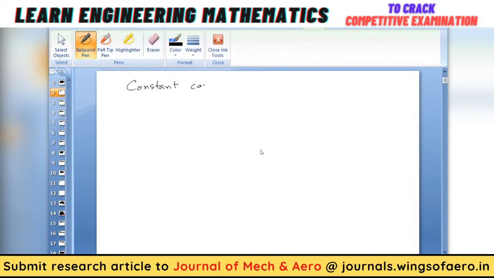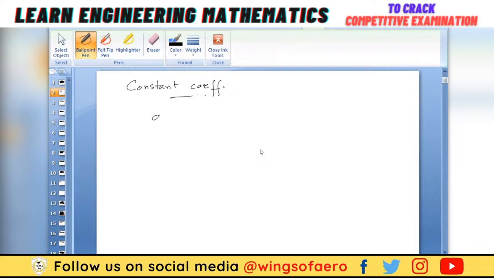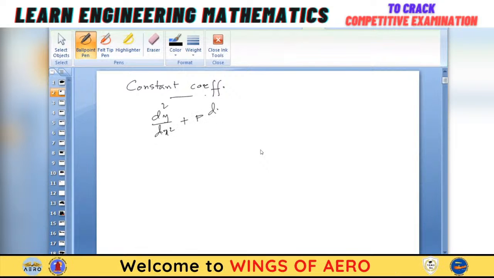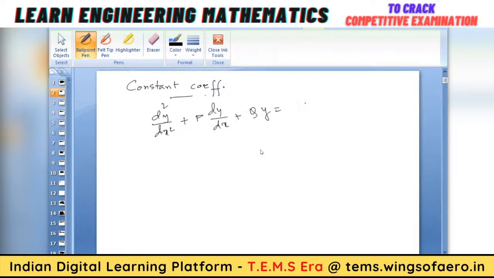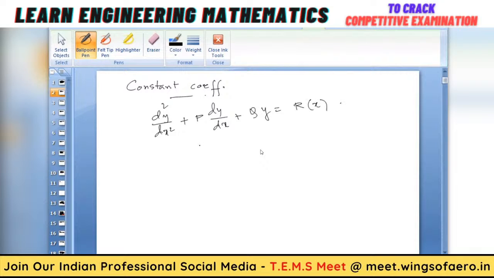It means, suppose d2y/dx2 plus p dy/dx plus q times y is equal to r(x). Here p and q are treated as constants.